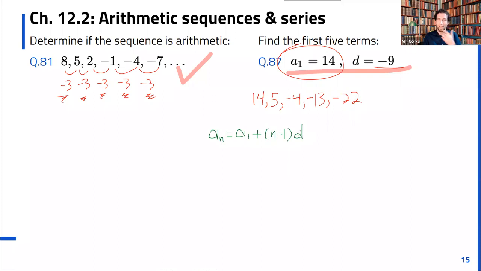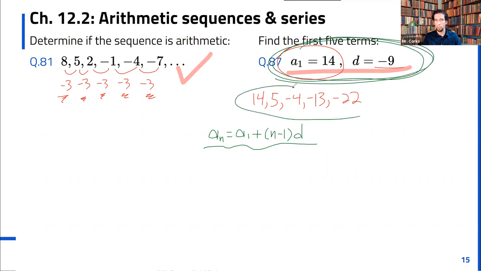In today's class or yesterday's class, I explained the logic behind the formula, so I'll skip that part here. If we want to build the general term for this particular sequence, what can we do? Here's the formula, but I want to build an for this sequence in particular. How can I do that using the formula?